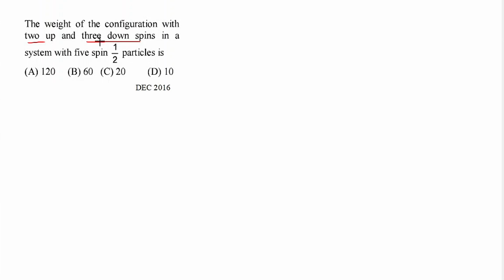Now keep in mind that over here it is given spin half, so don't confuse yourself by considering that these are fermions. You are identifying the particles that we have, 2 up and 3 down spins. Because in fermions, we know that the particles are indistinguishable. Okay, fermions are indistinguishable.